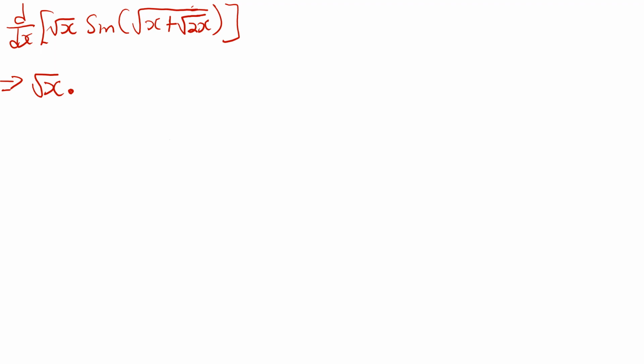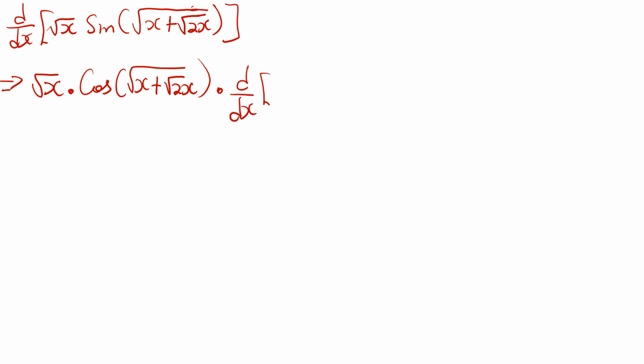If we differentiate sine, we're going to get cos. So our angle is still the same, x plus root of 2x. This is our angle. And don't forget that when you differentiate the trig function, you also have to multiply with the derivative of your angle. So it means I will multiply with the derivative of our angle.